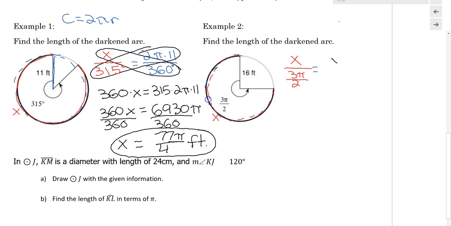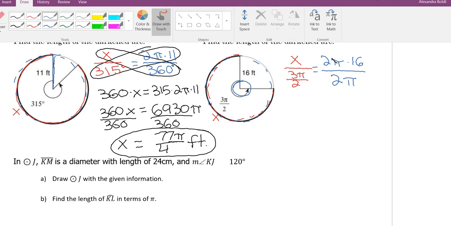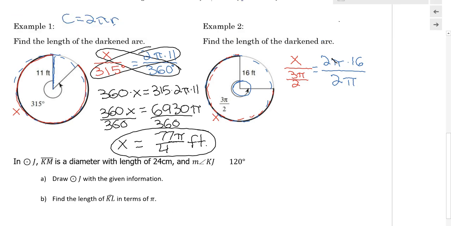Then I need my circumference. Remember, my circumference is still 2 pi times r. 2 pi times r is 16 here, over, now my whole circle, I'm not going to say 360 degrees, I'm going to say 2 pi. That's the only thing that changes when you're in degrees versus radians, that whole circle.